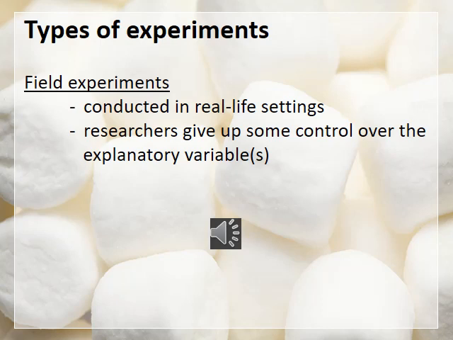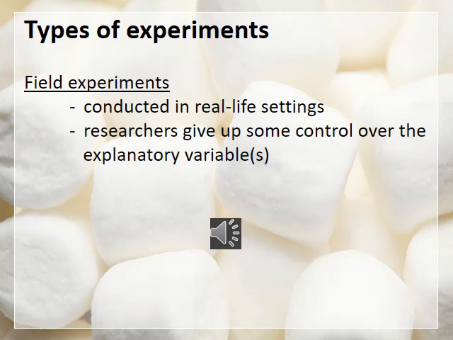Field experiments are different because they are conducted in real life. So you do not, as a researcher, you do not control everything. You do control the explanatory variable, which is a treatment in this kind of experiment.